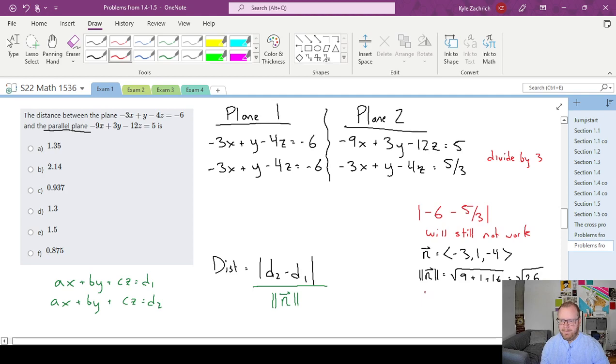But you do need to divide it by the square root of 26. This is not the way that the formula is presented in the book, but I'll just make a note here that this eliminates the need to normalize the formula.